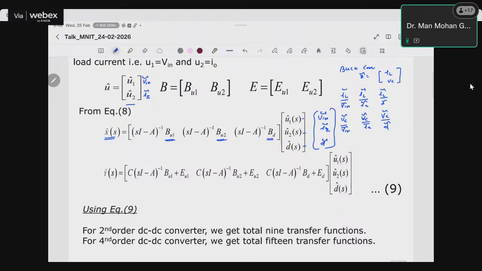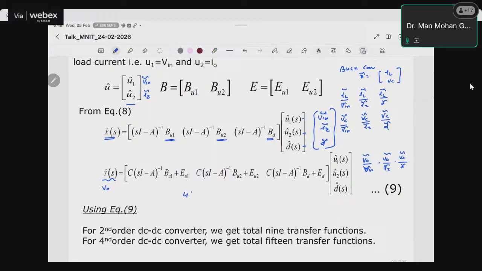So 6 transfer functions. Similarly, if this variable is output voltage, I get output voltage with respect to V input, IZ, and duty cycle. So I can get 6 plus 3, 9 transfer functions to analyze the entire converter, right?